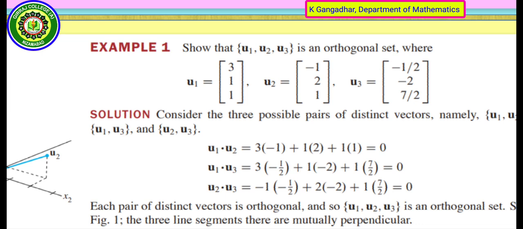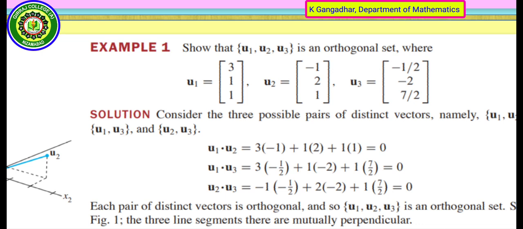So u1 dot u2 equals 0. Now the second one, u1 dot u3, equals u1 transpose into u3: 3 into minus 1 by 2 plus 1 into minus 2 plus 1 into 7 by 2. So minus 3 by 2 minus 2 plus 7 by 2 gives 0. So u1 dot u3 is also 0.